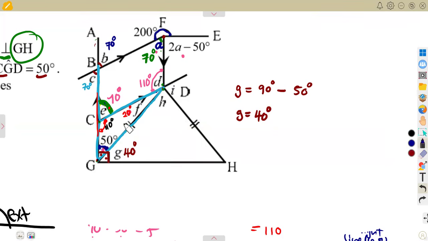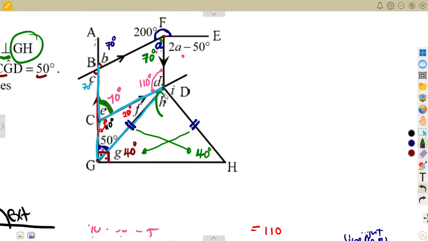What about the other part? Remember, we are also given this indication that shows these two lines are equal. From D to G, from D to H, they are equal. Remember what I said? If two sides are equal, it follows that the opposite angles must also be equal. This one is opposite to H, this one is opposite to G. So by default, angle H is equal to 40 degrees.